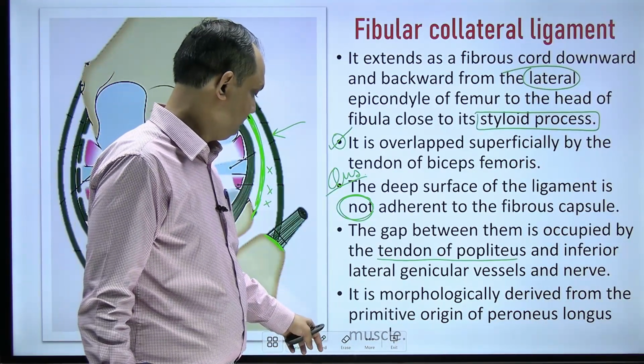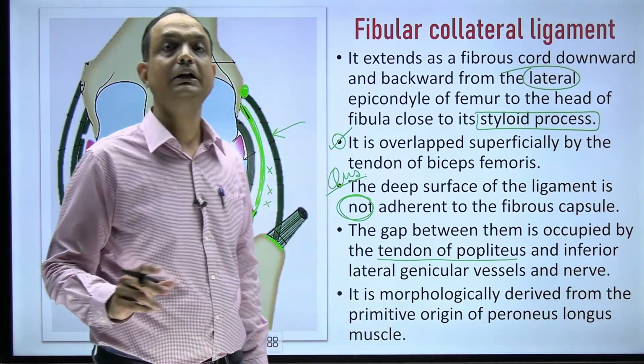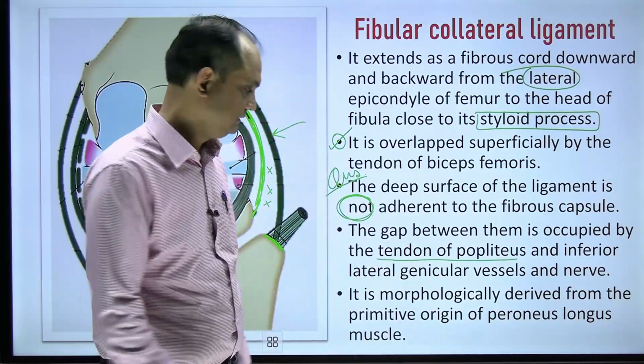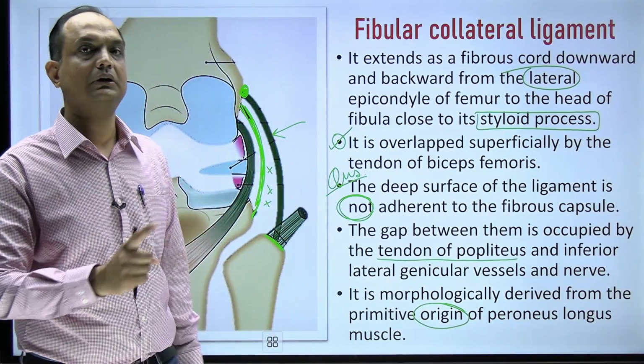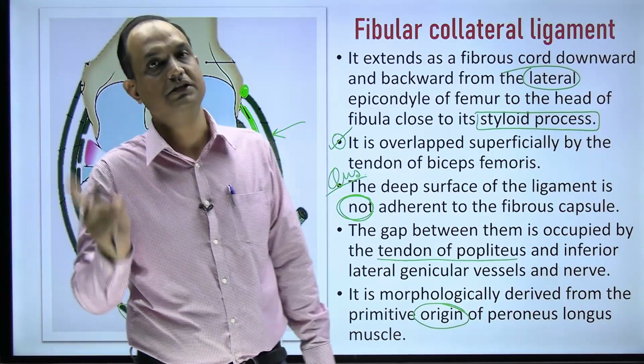Now, there is one more important question here, that this ligament morphologically represents the primitive origin of peroneus longus. Now see, this is an origin, and I told you that the tibial collateral ligament represents morphologically the primitive insertion. Clear?